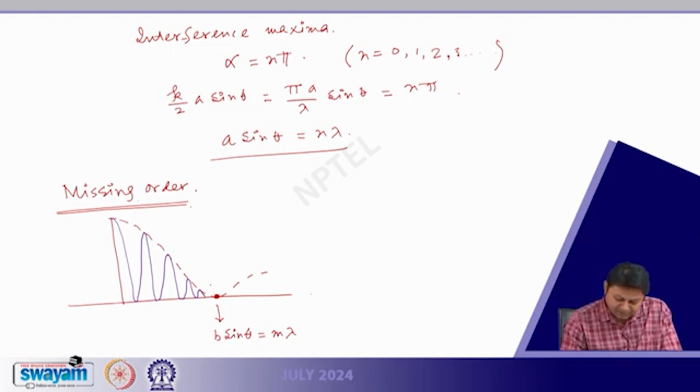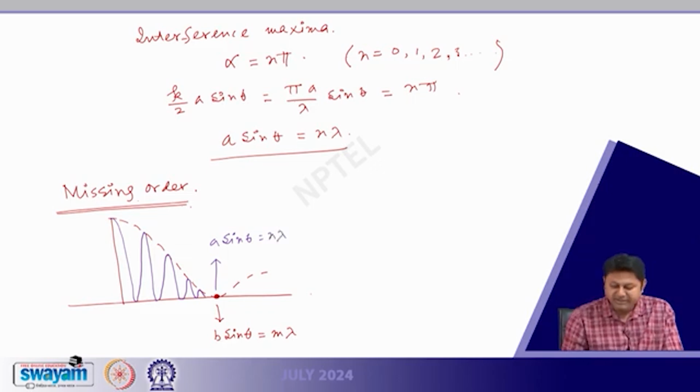So, the condition here for interference maxima is A sin theta is equal to n lambda, but this is the same sin theta.